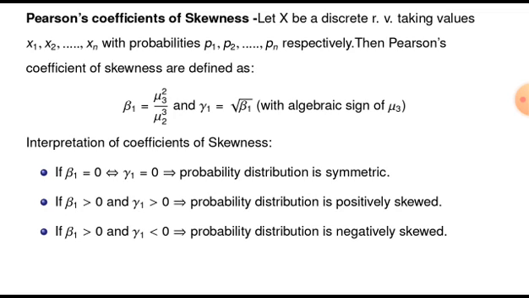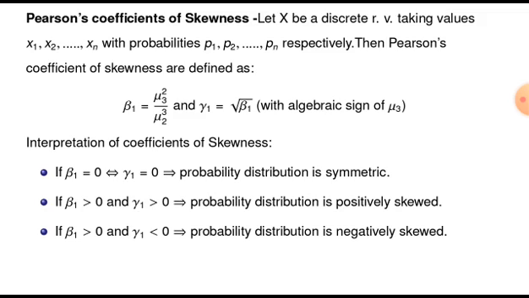One possibility is that gamma 1 can be negative and gamma 1 can be positive depending on the sign of mu 3. So if beta 1 is greater than 0 and gamma 1 is also greater than 0, that means mu 3 is positive, the probability distribution is positively skewed.